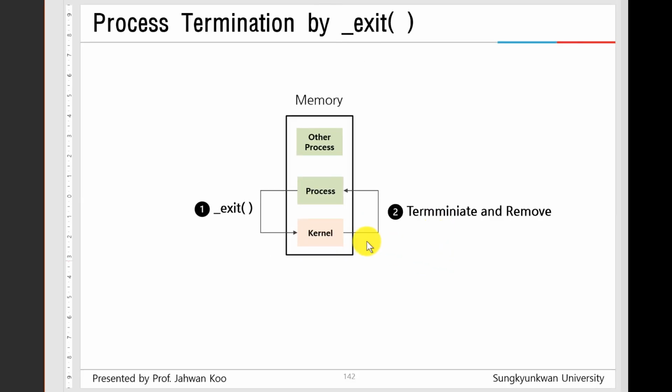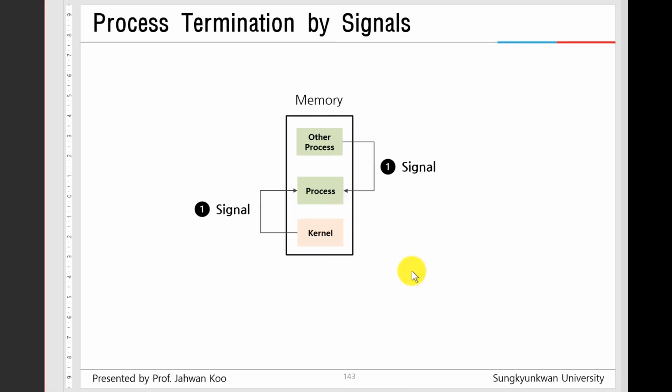A process can terminate in one of two methods. One is by requesting its own termination using the _exit system call. The other is by being killed by the delivery of a signal.